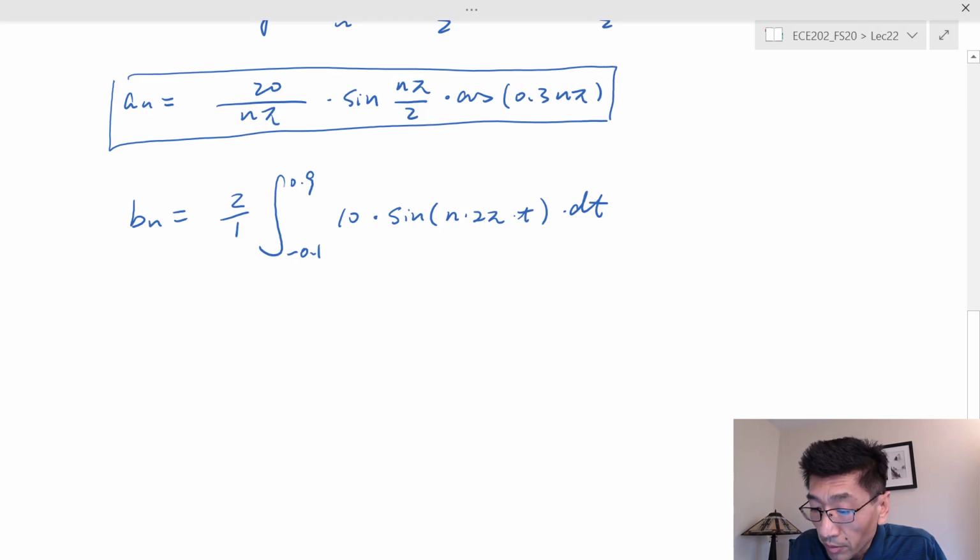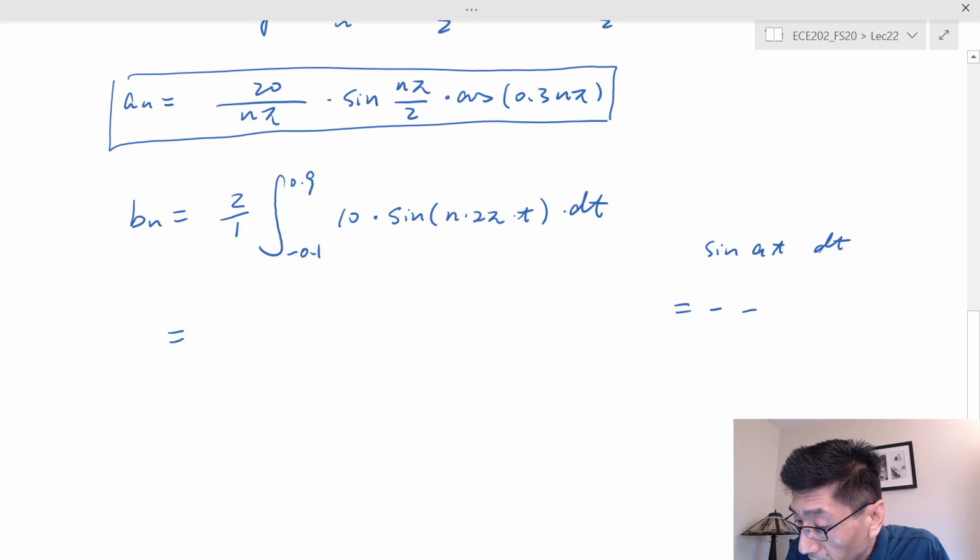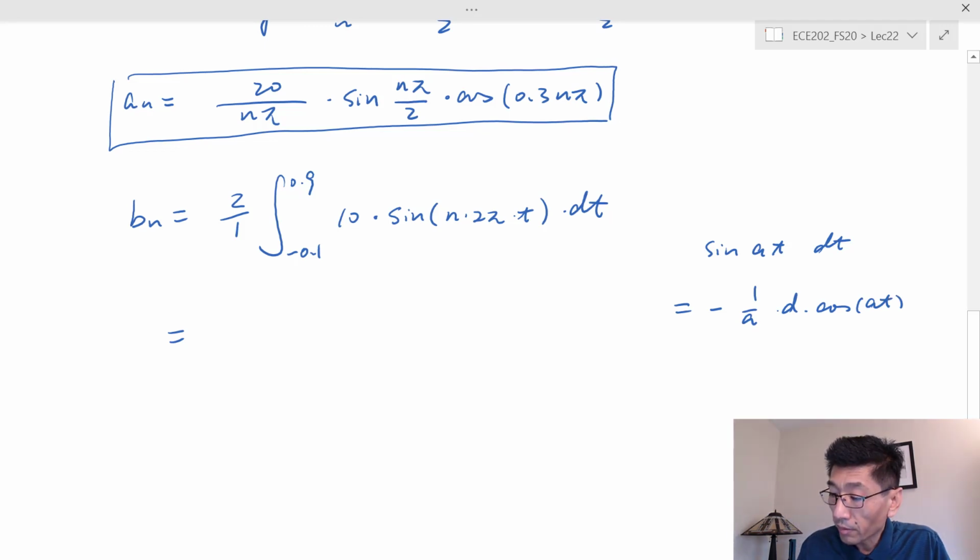Right, and similarly, we can find this one based on the fact that sine(at) dt is equal to negative 1 over a times d cosine(at). So in this one here we have 20.